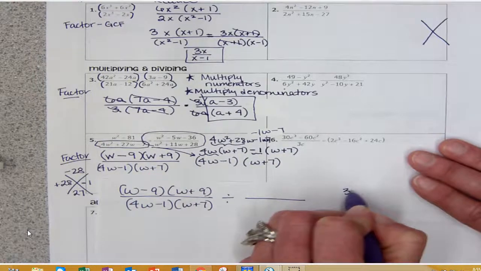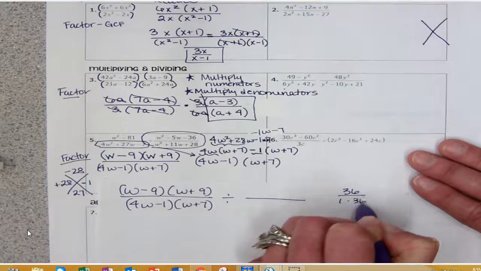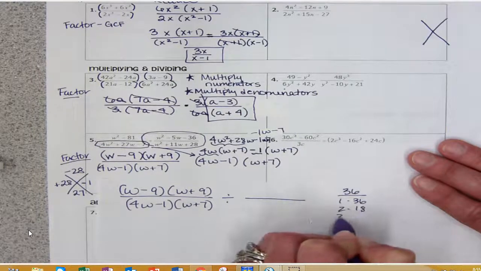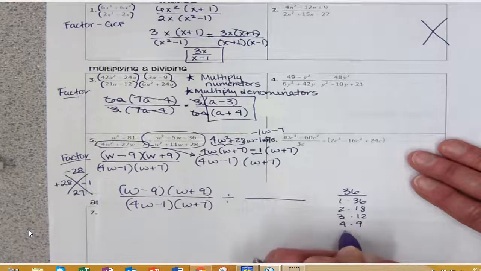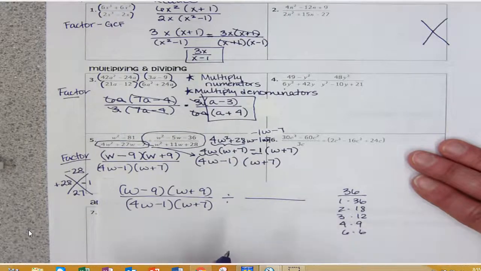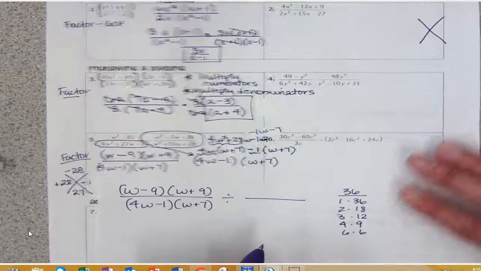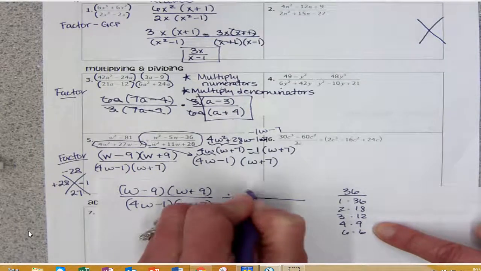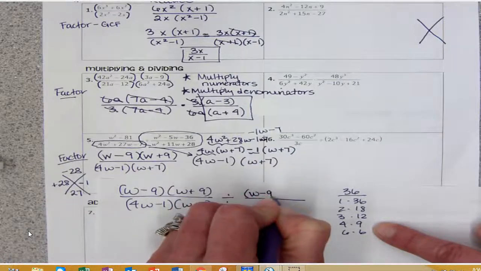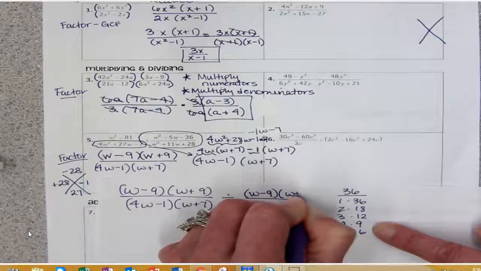If I think about my factors of 36: 1 and 36, 2 and 18, 3 and 12, 4 and 9, 6 and 6. One has to be negative and the other positive. If I have negative 9 and positive 4, that should work. So (w - 9)(w + 4).